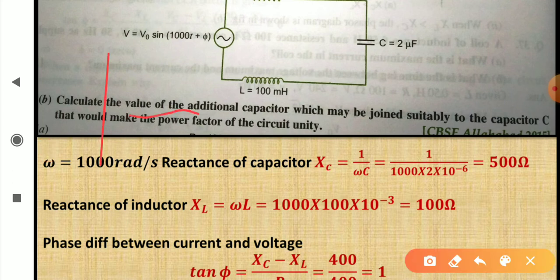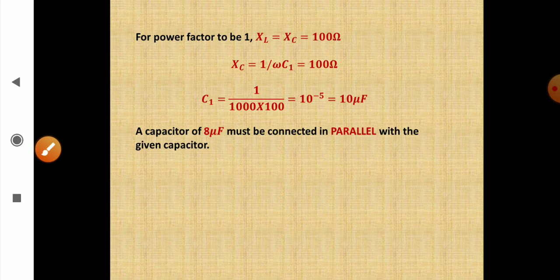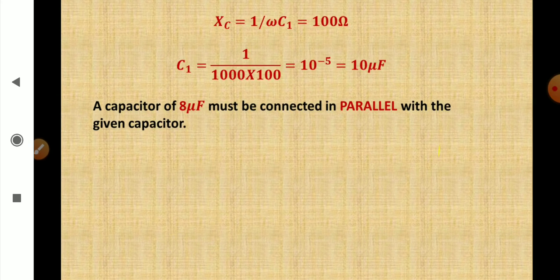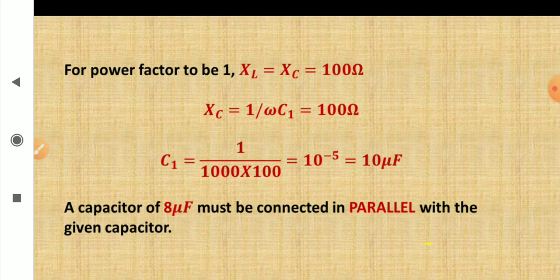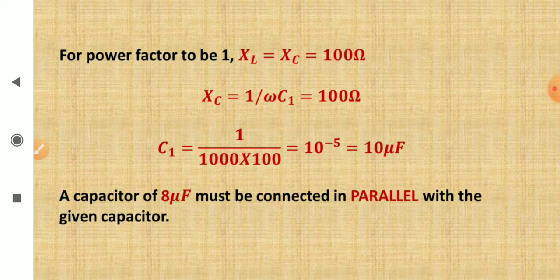Calculate the value of additional capacitor which may be joined suitably with capacitor C so that it would make the power factor of circuit unity. Now, power factor of circuit is unity means XL and XC are equal.